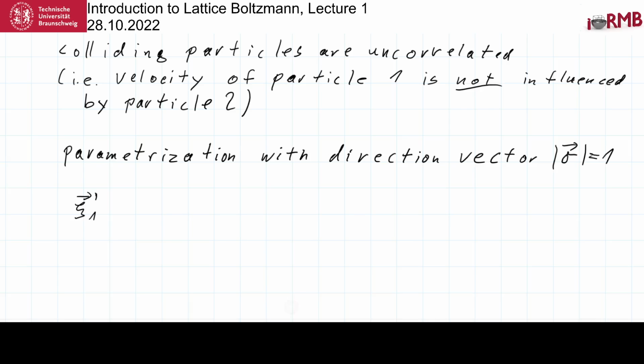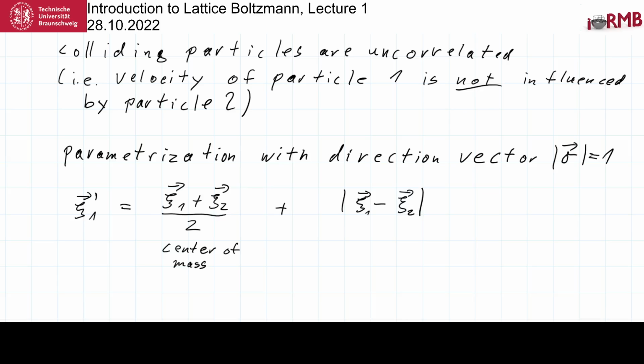Particle 1 can be expressed, first of all, by the center of mass velocity, obviously, plus the magnitude of the difference between these velocities divided by 2, and this multiplied with a direction vector.